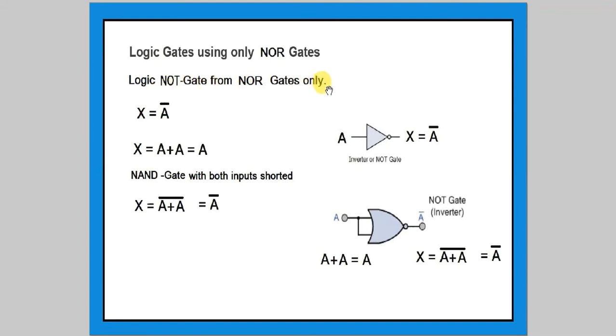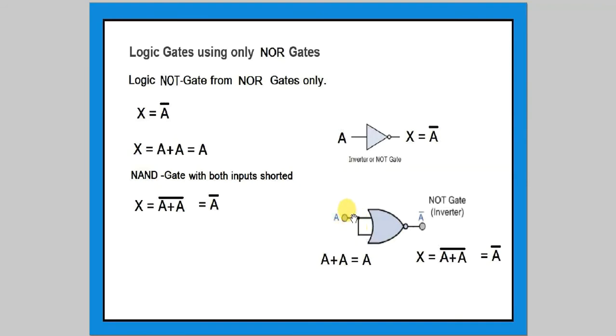Next is the NOT gate from NOR gates. We have this typical NOT gate, one input and one output, which is A complement. Whatever is fed at the input is the complement at the output. Now we use the NOR gate as the NOT gate by short circuiting the inputs.